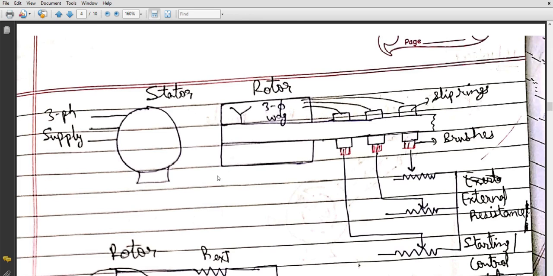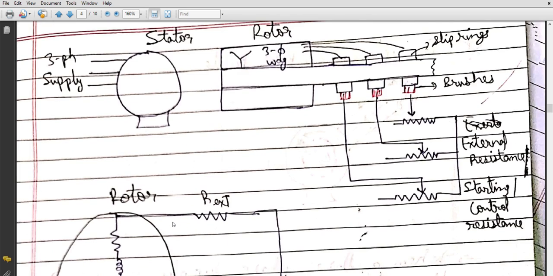So this is how it is done, and this is why it is known as external resistance. These external resistances are sometimes also called starting or control resistances. Why? Because, as I've already told you, this controls and improves your starting torque.